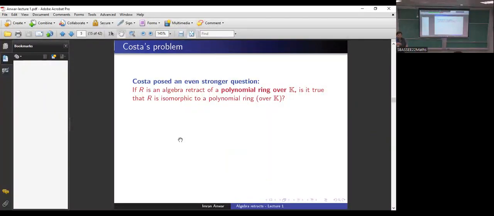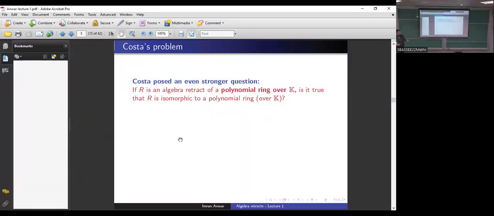And by the way, there is a series of open problems and conjectures which revolve around this problem of algebra retract, known as the Costa problem. Again, in mathematics, if people are trying to attack a particular problem, they try to construct different problems which address the same problem, so that people can attack it with different tools.